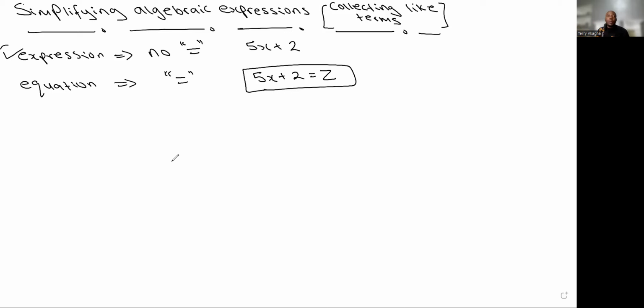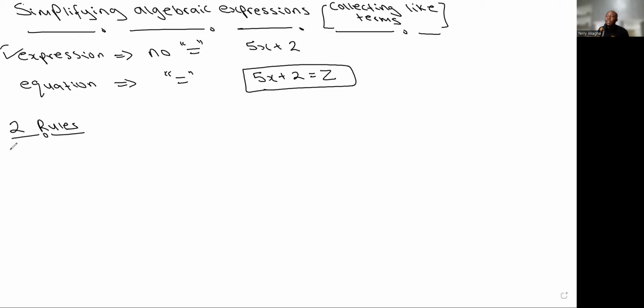Now for an expression, we have two rules. The reason why I always use rules is so that when you come back to the video or to the examples I've solved or the exercises, you can know exactly what Terry did here.